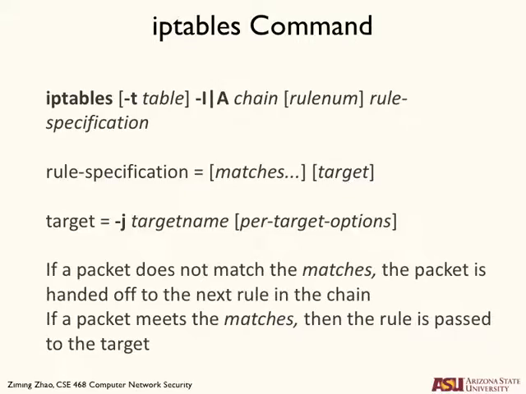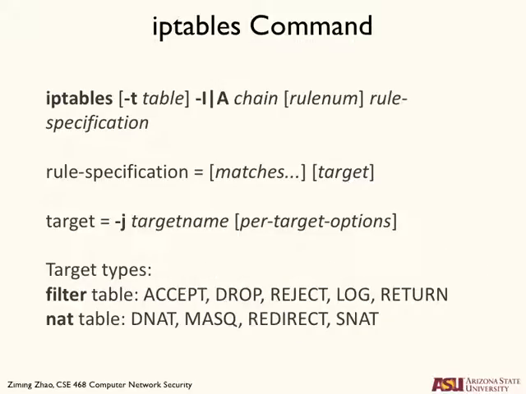So you can use it to match firewall rules. If a packet doesn't match any rule in this chain, the packet will be sent to the next rule in the chain to verify. And if a packet meets the matches, then the action will be enforced.